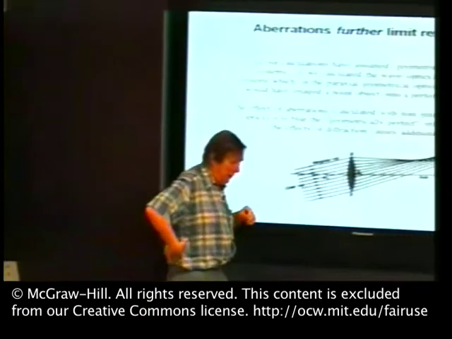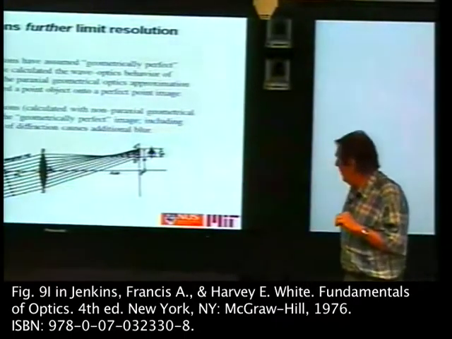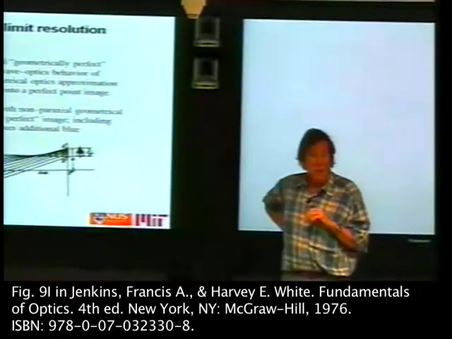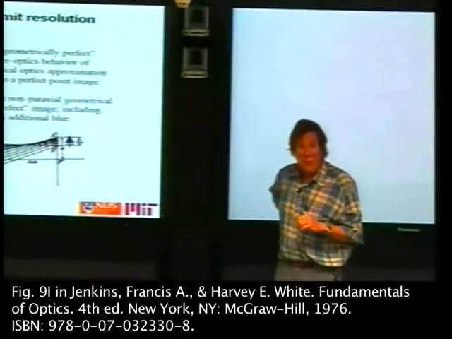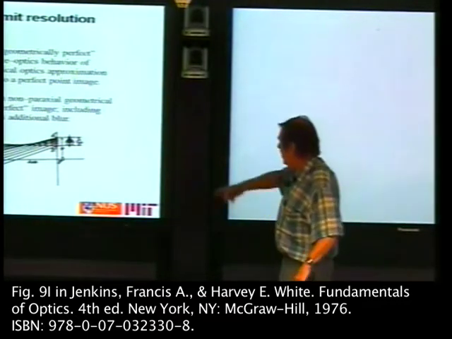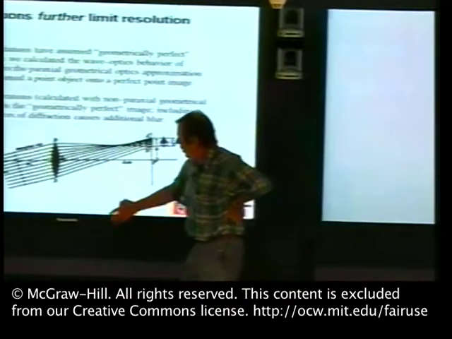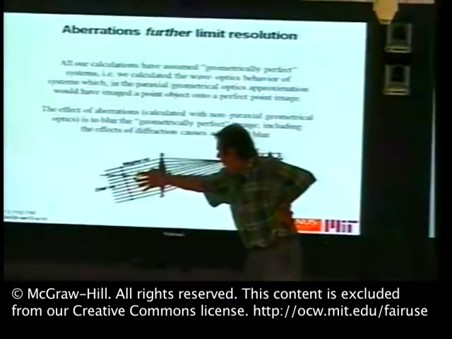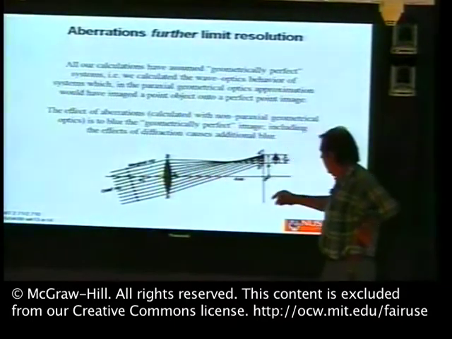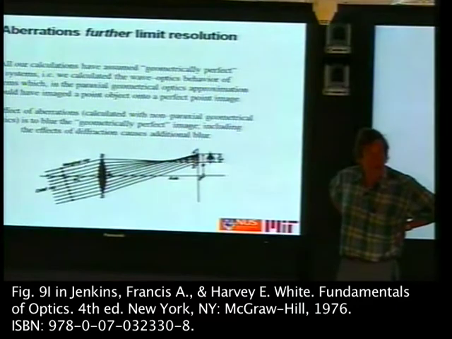Right, now that's for a perfect aberration-free system, but very often you've got systems with aberrations, and that's obviously going to mean that the resolution's not going to be as good. So this picture shows an example with coma. This is an off-axis beam going through a lens, and you get this coma spot here.